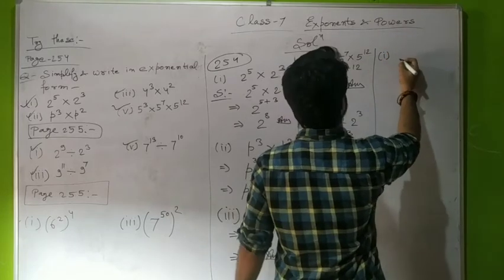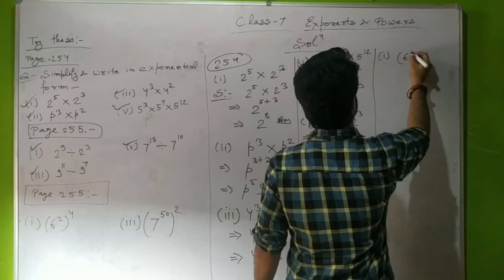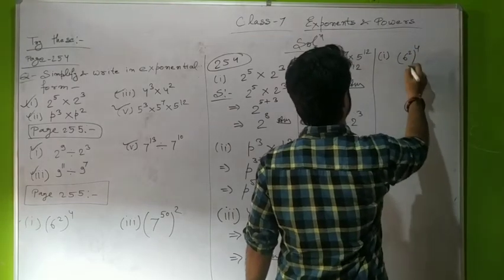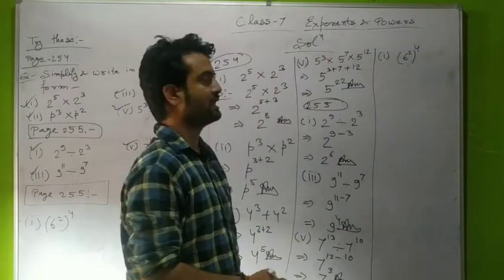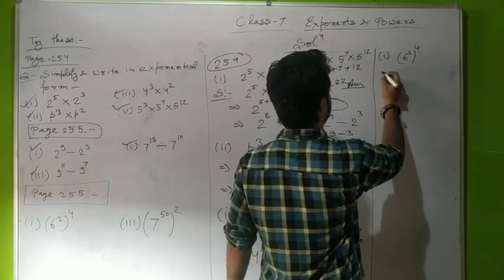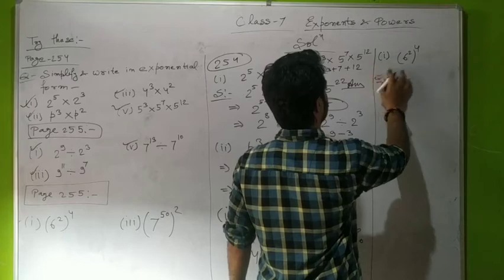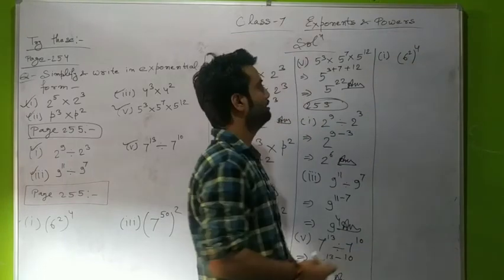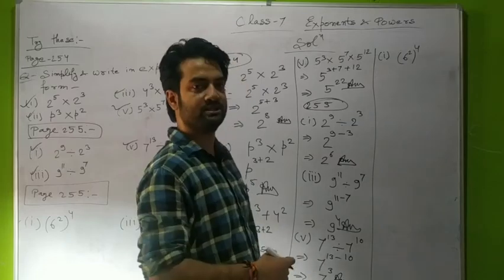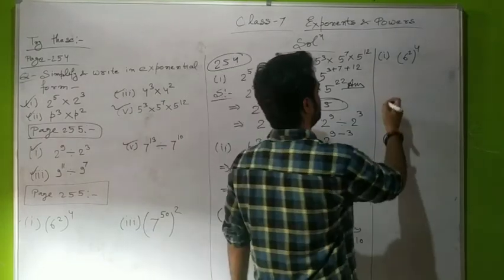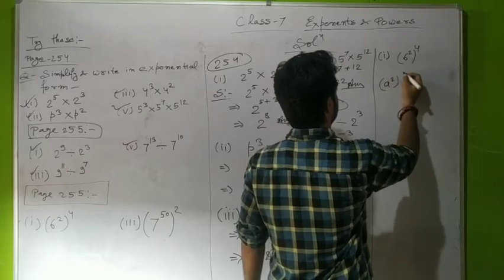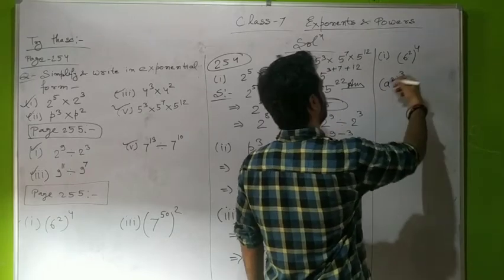First question is 6 square, then bracket, raised to the power 4. As we have discussed in our properties chapter, when a number has exponents several times after the bracket, like if it is a raised to the power 2 raised to the power 3, then what happens?